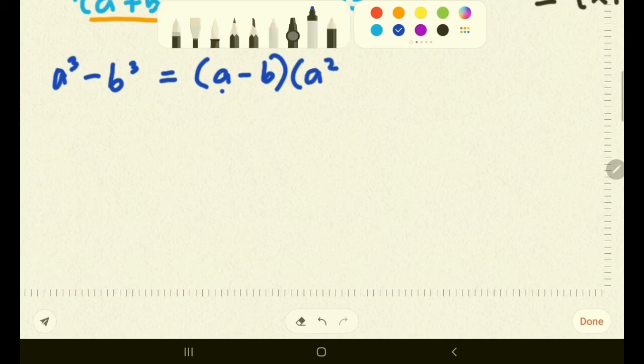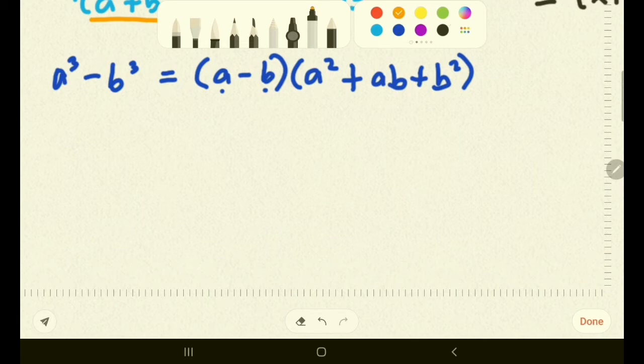So, a squared. And then plus, you multiply the two terms, a times b, that is ab. And then square the second term of your binomial factor, that is b squared. Okay, that is the pattern.